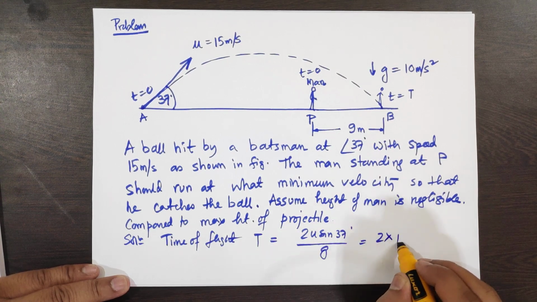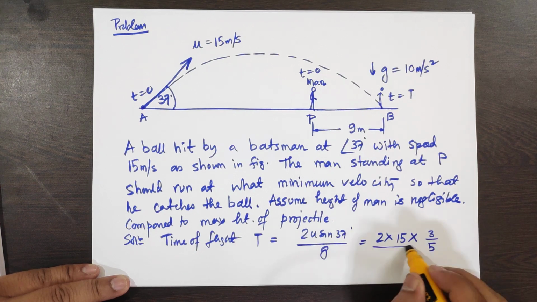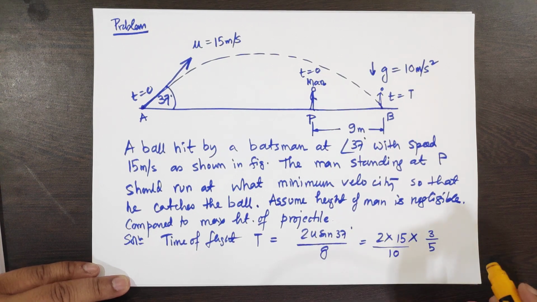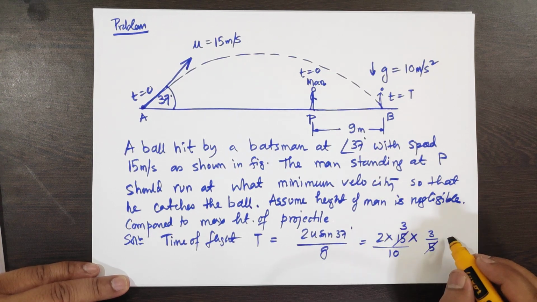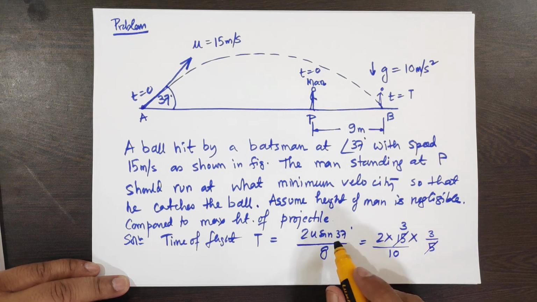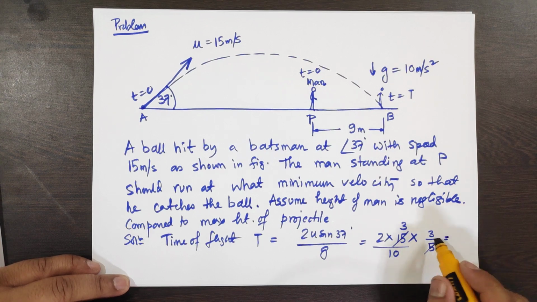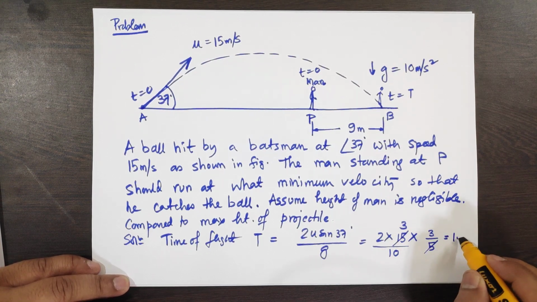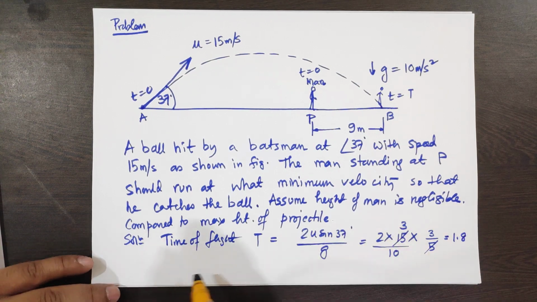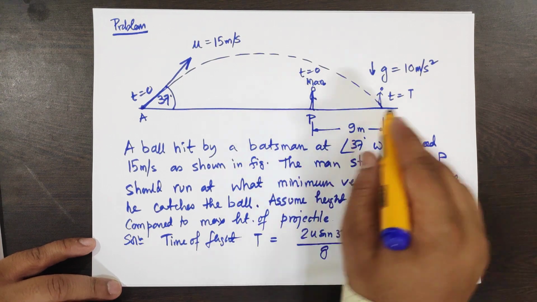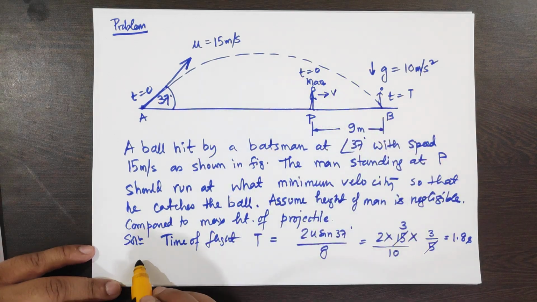So that's 2 into 15 into sine 37, which is 3 by 5, divided by 10. 3 fives are 15, so 2u sine theta by g is 1.8. 3 nines are 27, so that's 18 by 10, 1.8. So that's 1.8 seconds. Suppose the speed of the man is v.